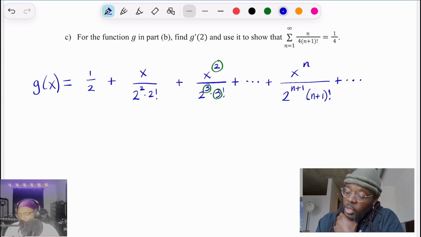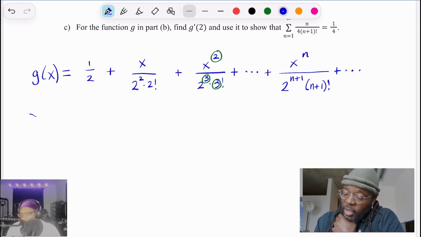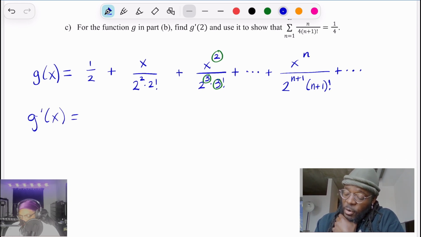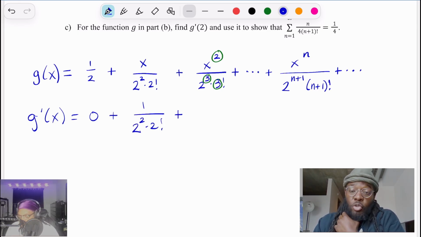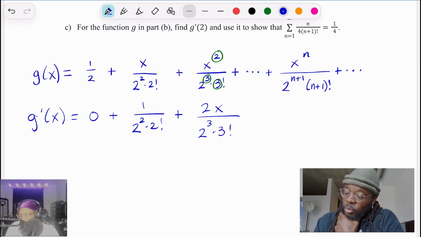So I'm going to go ahead and do that. g prime of x: the derivative of a half is 0, plus the second term is just going to be the coefficient itself, since the derivative of x is 1. So it's going to be 1 over 2 squared times 2 factorial. You use power rule for the next term, so the 2 comes down: 2x over 2 to the third times 3 factorial.